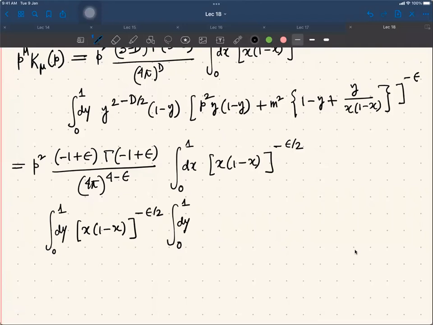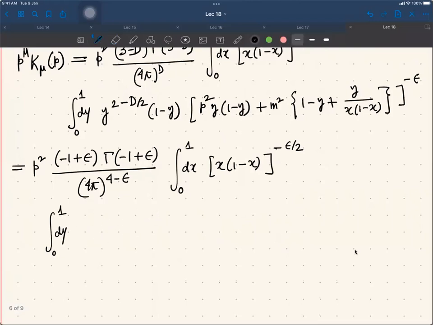Sorry, it is y to the power epsilon by 2 times 1 minus y times p square y 1 minus y square.